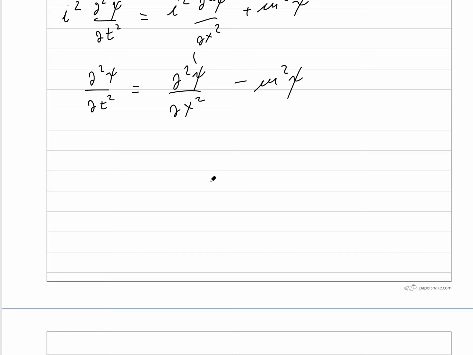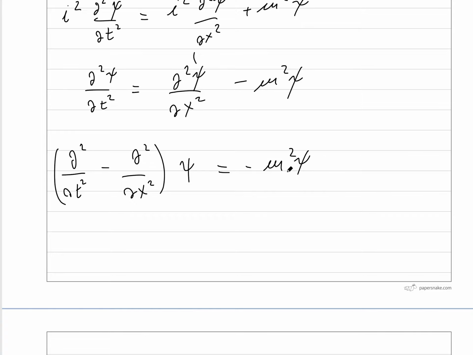Now we can bring this part to the left side, and we have an equation like this form: partial squared psi partial t squared minus partial squared psi partial x squared plus m squared psi equals 0.